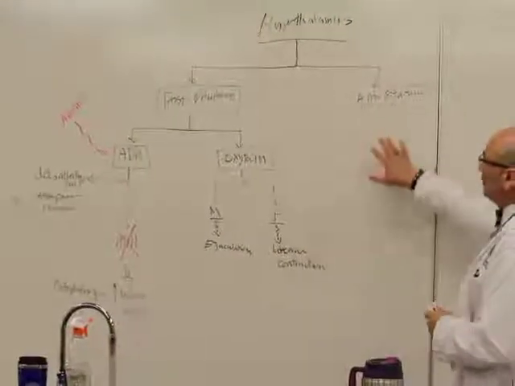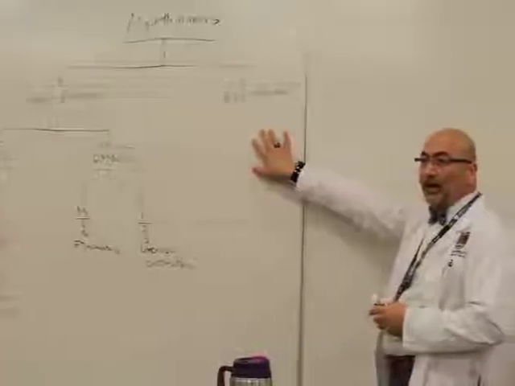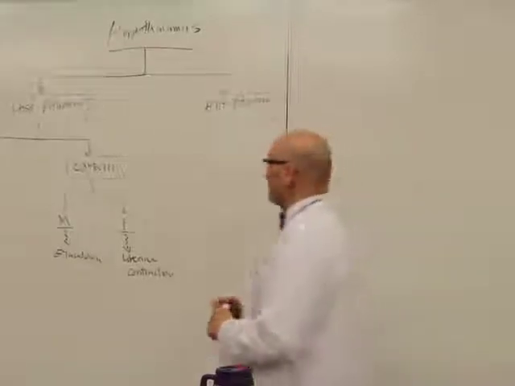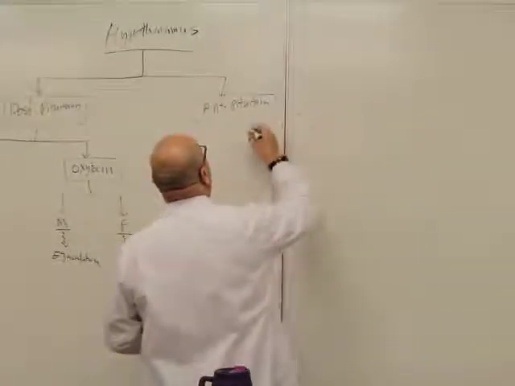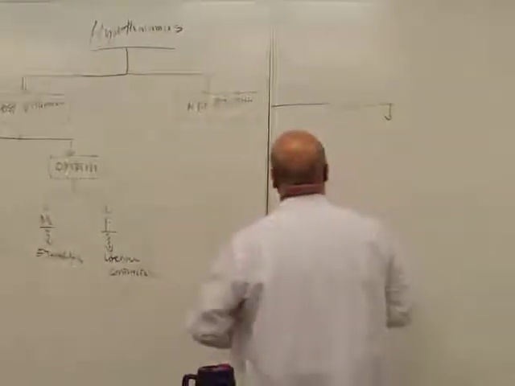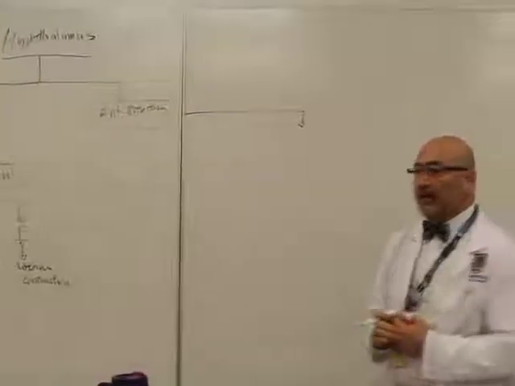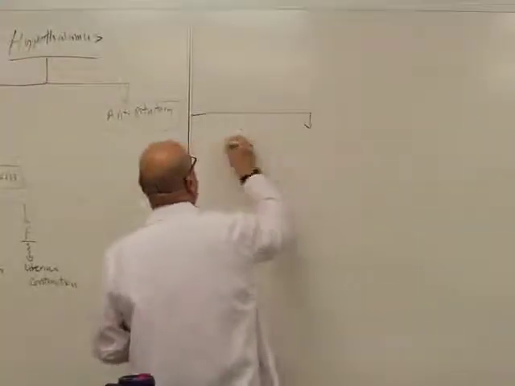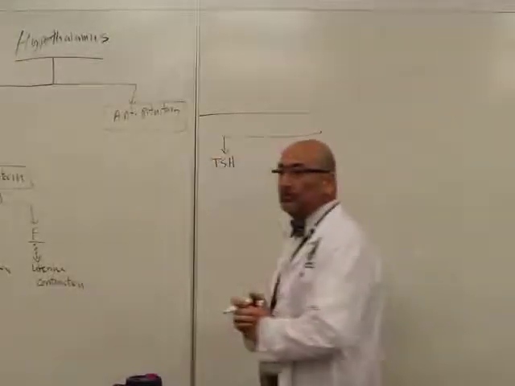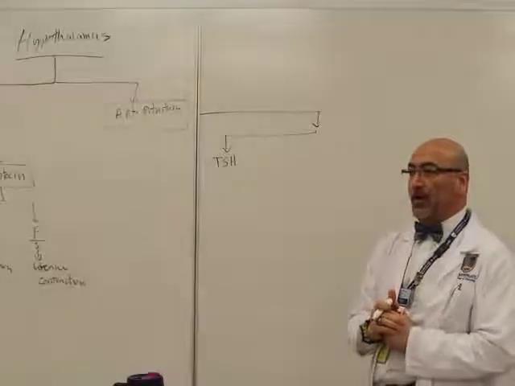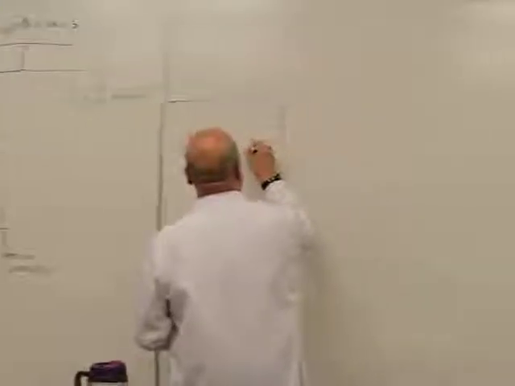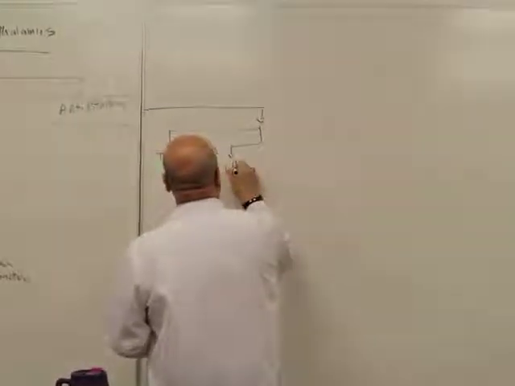Okay? Now if we move to anterior lobe of pituitary gland, we're going to have a whole bunch of different hormones coming our way, right? So if I move it here, just to create more room for myself, you get to have thyroid stimulating hormone from anterior pituitary. You get to have luteinizing hormone.